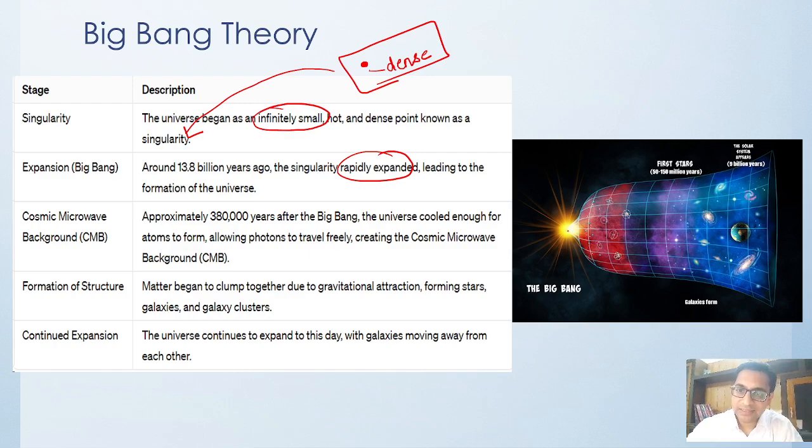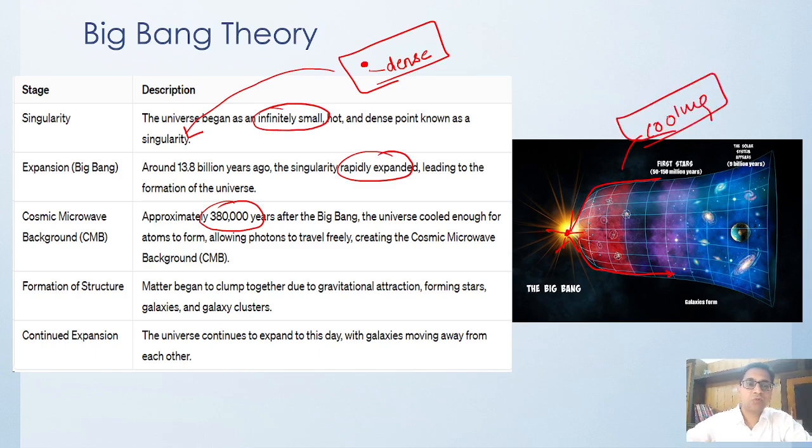Here you can see this is the singularity point. It started expanding and broke into this whole part, getting away from it, right? It is said that around 3,80,000 years after the Big Bang, the universe started cooling down.